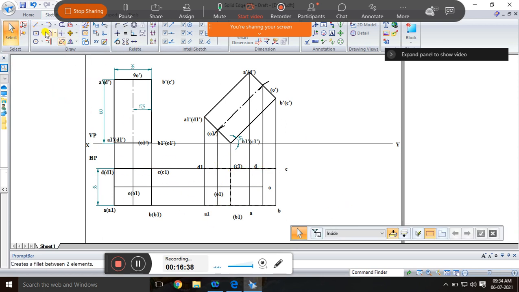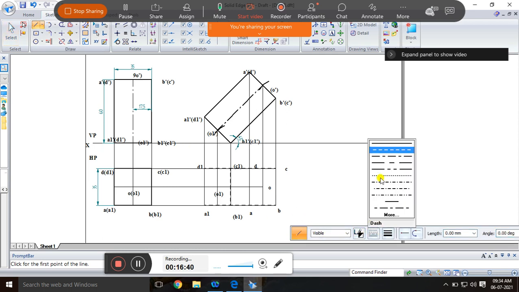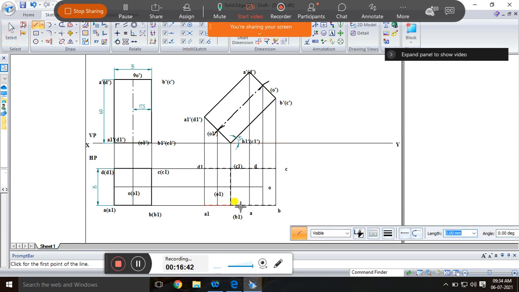So now join the visible edges, continuous line. First you draw this ABCD, so A to B visible, B to C visible, C to D visible, and D to A. Next A to A1 visible, and B to B1 visible. Next D1 and A1 is also visible from the top. Yes, you have to write like this. So this is what the visible. Clear?